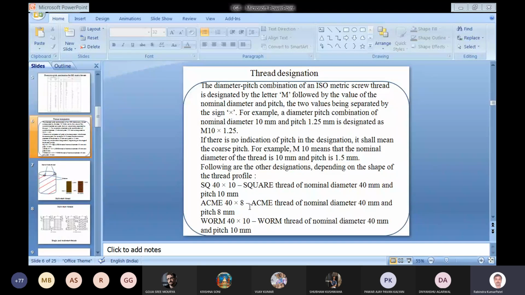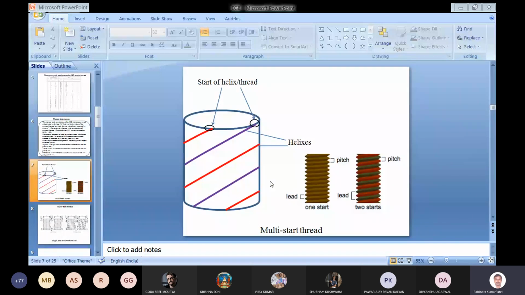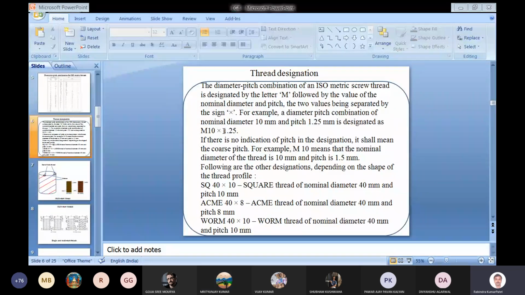We can show the different types of threads. Here we can see in the bigger figure, M10 into 1.25 means the pitch of the thread is 1.25.